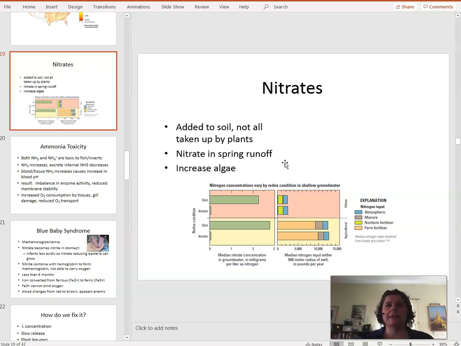Urban areas also are hotspots for nitrogen compounds because people have things like ChemLawn. They want to have their green lawns, their perfect lawns. There are some places in the United States where you live in an HOA, a homeowners association, and you have to have your grass a certain color green, and you have to maintain it.